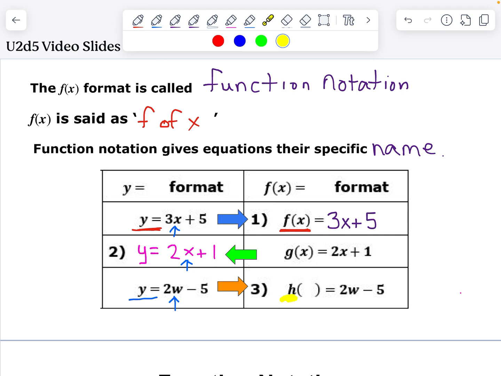I may call that Henrietta's equation, okay, h of, and the letter that's inside the parentheses actually represents the letter where, here in a minute, we're going to be inputting numbers in for. So notice that this equation has w's in it, so this will be h of w. Okay, so that's saying that equation h is going to have w's over here in the output side.